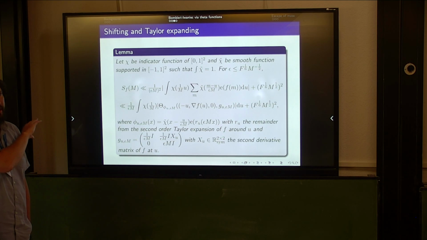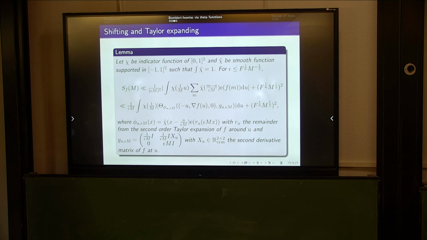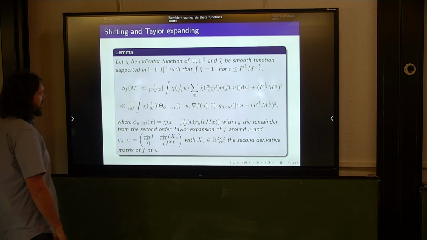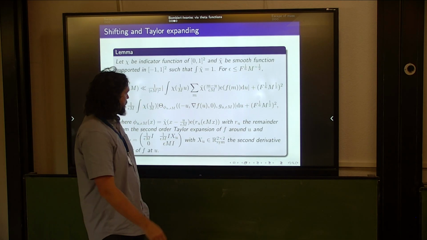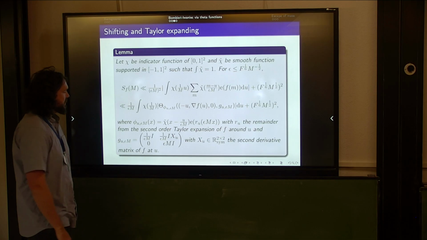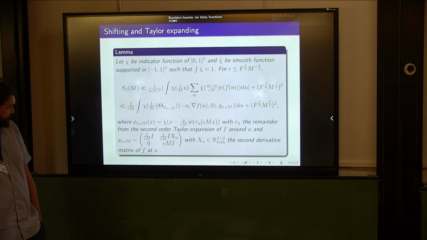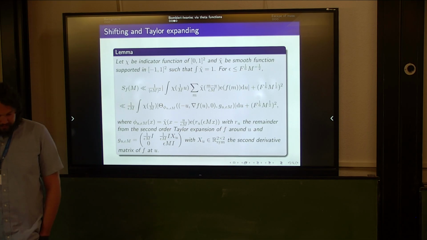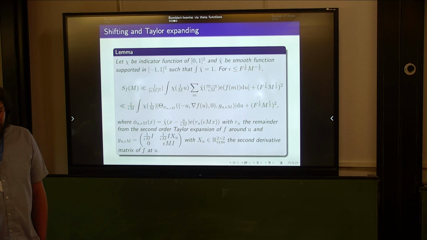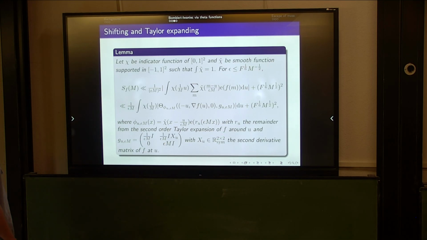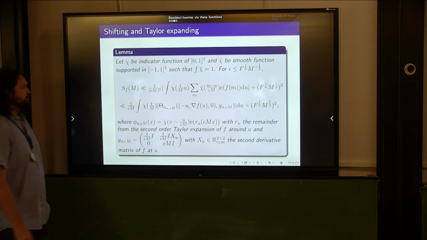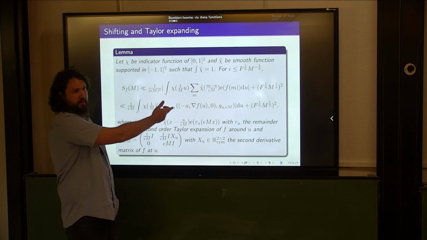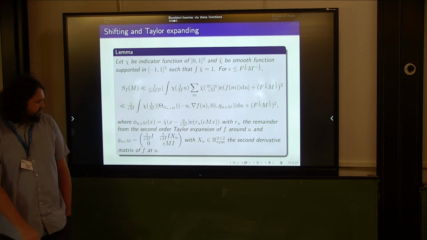And this is very much like a van der Corput shift. We open up the convolution, change the order of summation and integration. But now, whereas van der Corput does the Cauchy-Schwarz, Bombieri-Iwaniec do a Taylor expansion to second order, and that's where we see the theta function come in with the quadratic form.